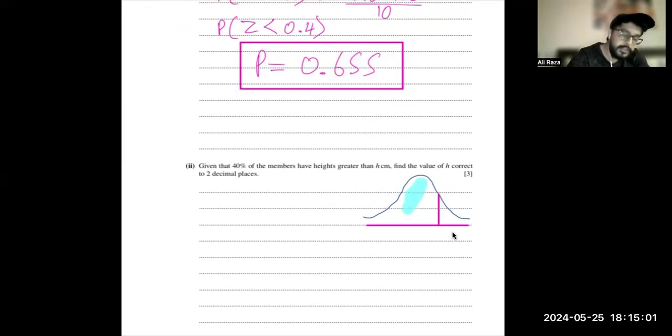If 40% are greater than the height h, then 60% should be less than the height h.